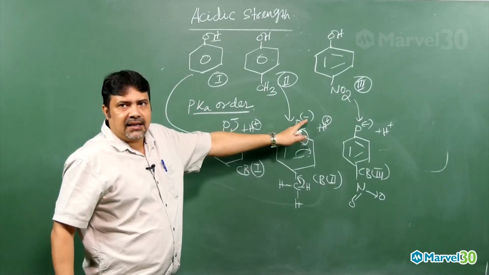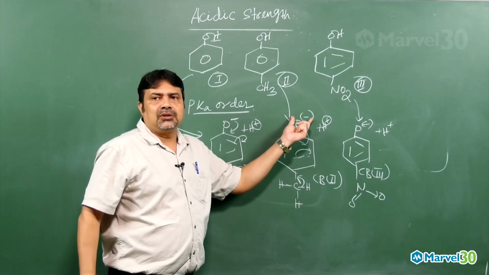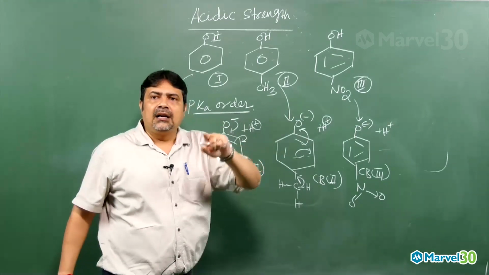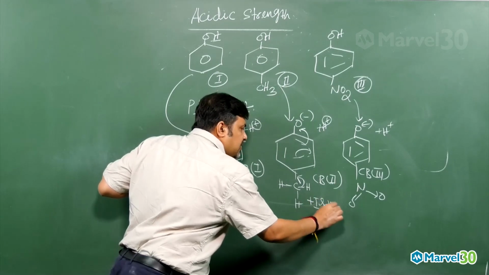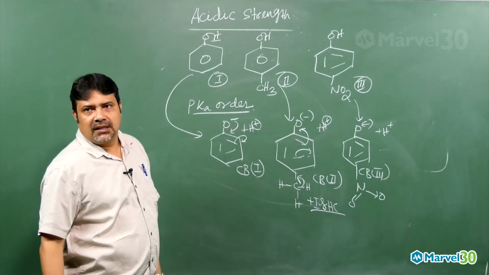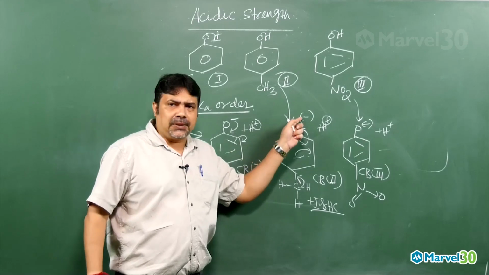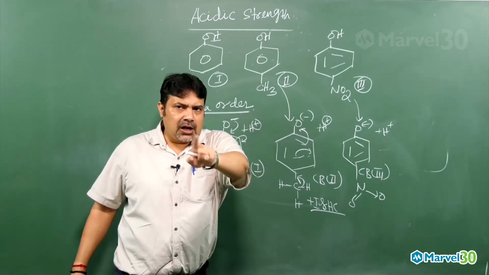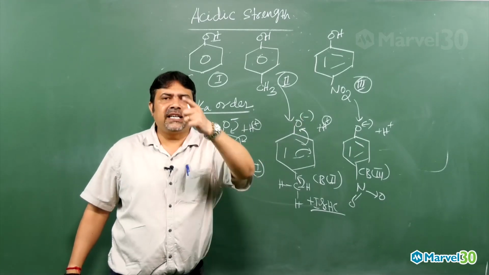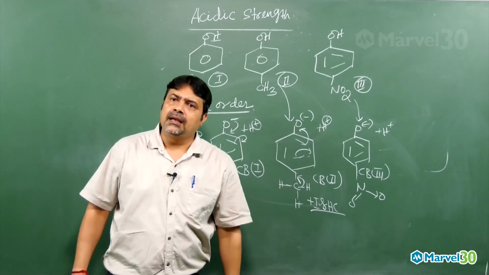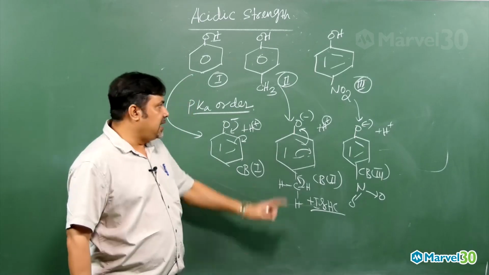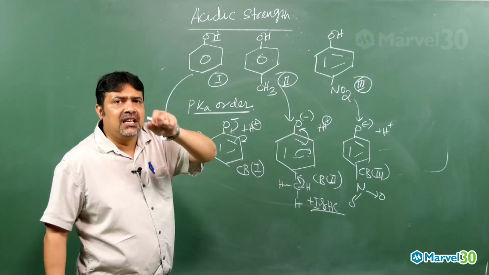Already electrons are there, still it supplies more electrons towards the O minus via plus I and hyperconjugation. HC means hyperconjugation. So the stability of the conjugate base will decrease, and this conjugate base will be highly unstable.